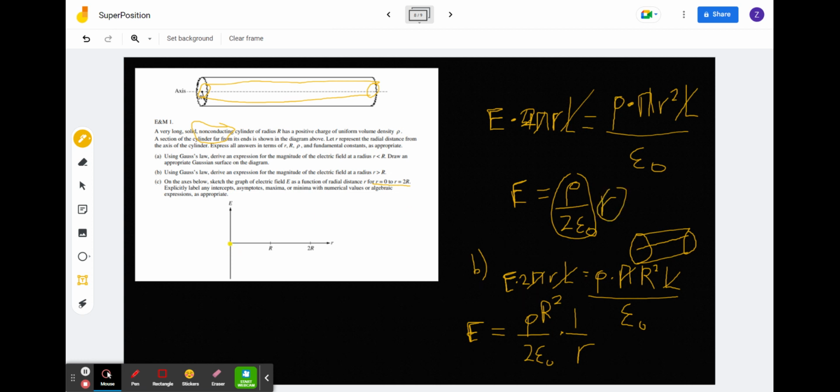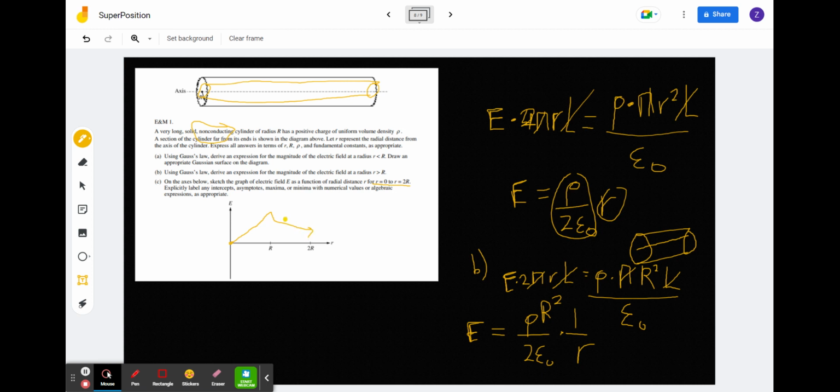So it starts at 0 and increases linearly. Now it should be continuous here, and it now decreases as 1 over r. It only asks us to draw from R to 2R, so it'll be something like this, and continue infinitely.